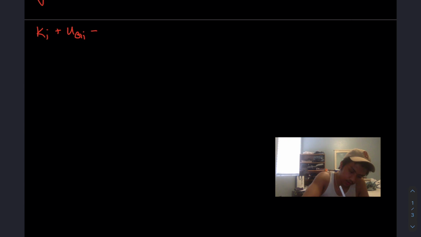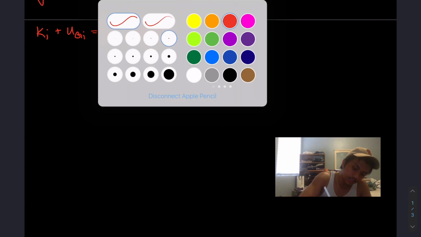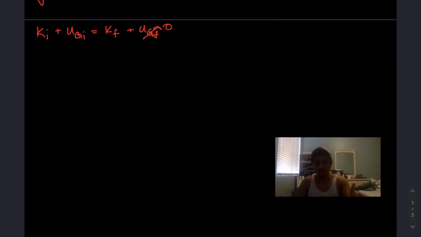So it's the initial kinetic energy plus initial potential energy, and that equals K final plus the final potential energy. And this is going to go to 0 because you're going to be at the bottom of the system, and the height is going to be 0.